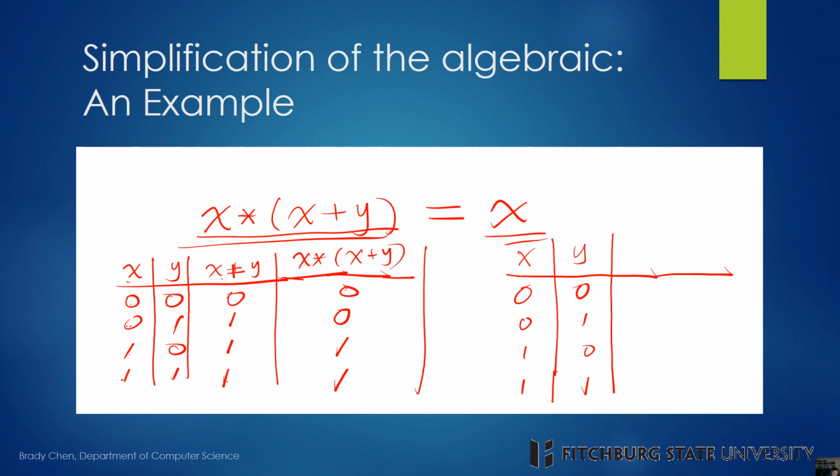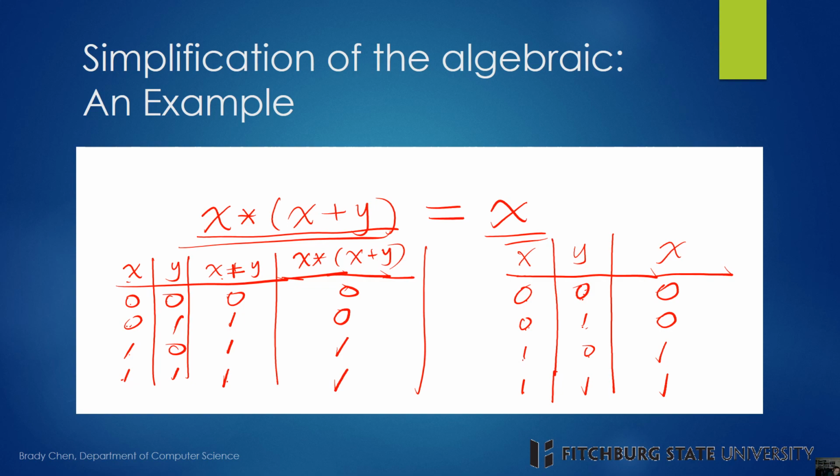Because there's no y, whatever value y has doesn't matter. It doesn't impact the final result of the expression, right? So when x is 0, y is 0, it's the same as x, so it's 0. Y doesn't matter. X is 0, y is 1, doesn't matter. It still follows the same value of x. X is 1, y is 0, it's 1. X is 1, y is 1, it's 1. So y doesn't play any role in the right expression.